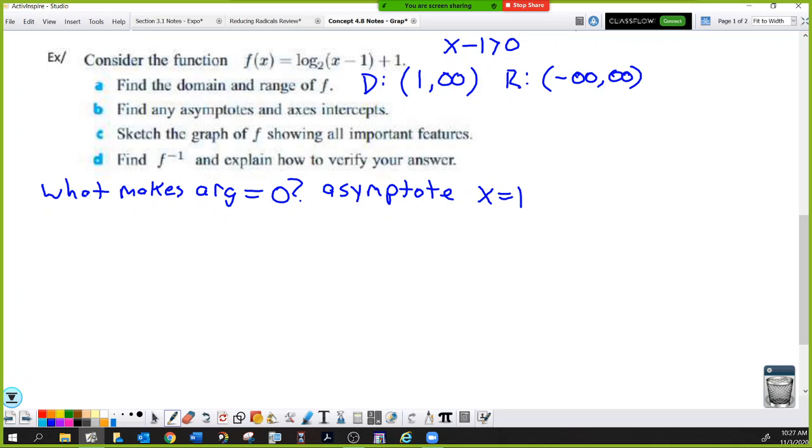The next thing that you want to do is ask, what makes the argument equal 1? You don't have to write these words every time, obviously, but this is your thought process. The reason why I want the argument to equal 1 is, regardless of what the base of the logarithm is, the moment the argument equals 1, the logarithm has the same value every single time, 0.